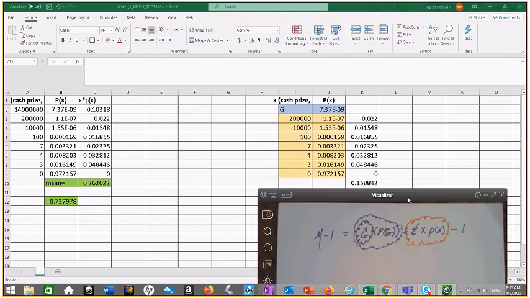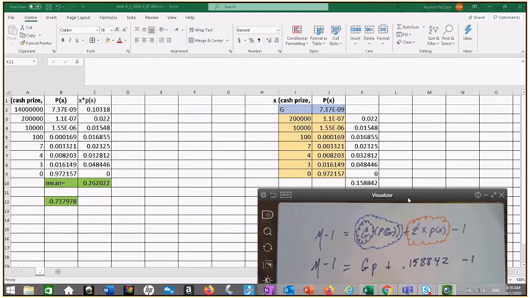And now mu minus 1 is equal to, we're going to call this G of P, G times P, plus 0.158842, minus 1.